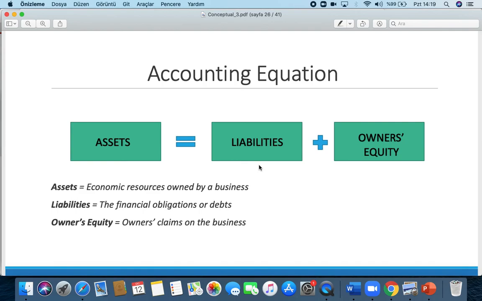I'm going to show what kind of items we have, but I am not going to teach you the exact names of the accounting items right now. We are going to be as simplistic as possible. Just think about what assets are, what liabilities are, and what equity is.